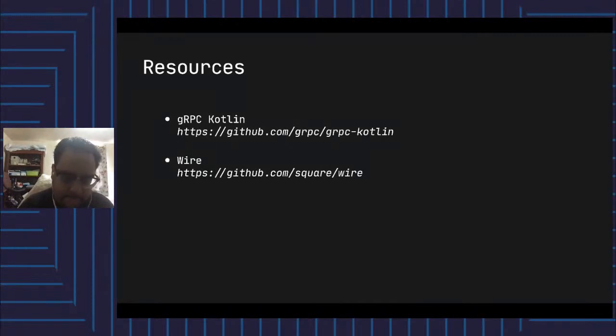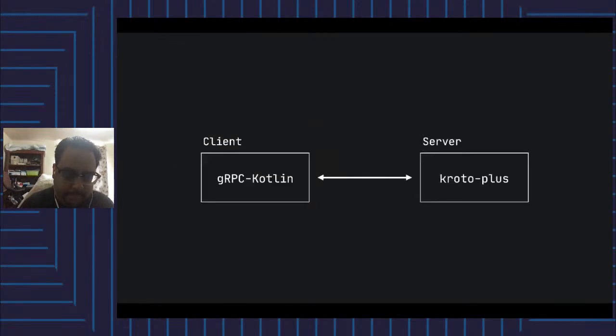In this presentation we looked at how to build a gRPC server using Kroto-plus, and also how to consume it on the Android side using gRPC-Kotlin. We looked at two different libraries and how they utilize coroutines.